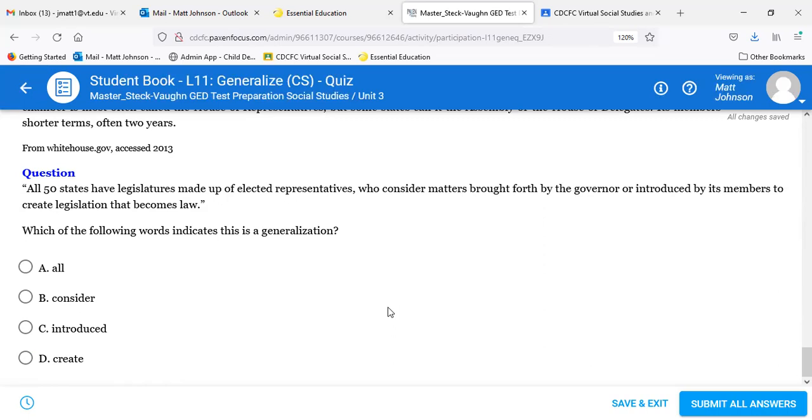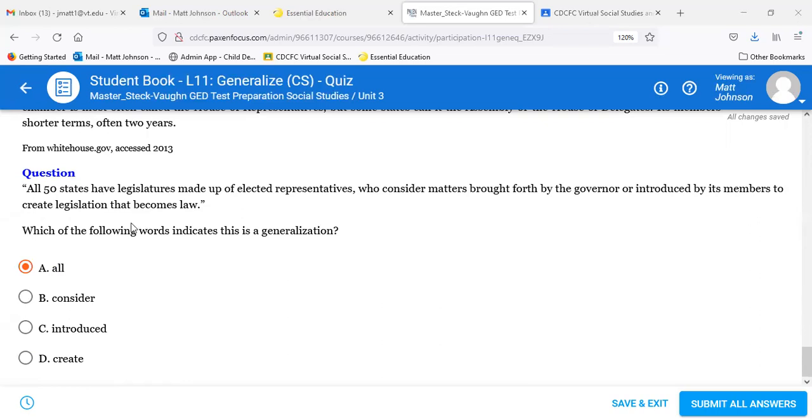A, all. Yeah, all, right? That's your signal word there that it's a generalization, just like we were talking about. And again, thinking about, okay, is this an accurate generalization? Can we say that about state governments, that all 50 states have legislatures made up of elected representatives who consider matters brought forth by the governor or introduced by its members to create legislation?